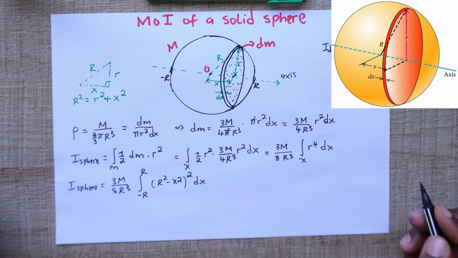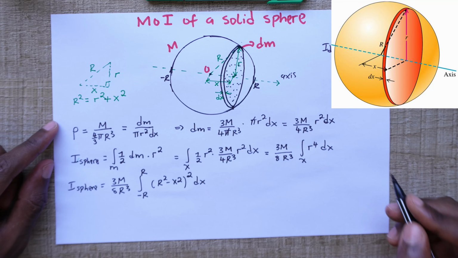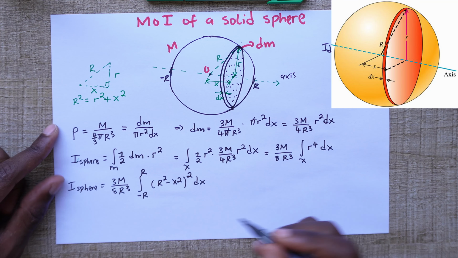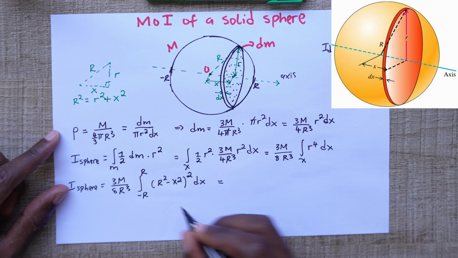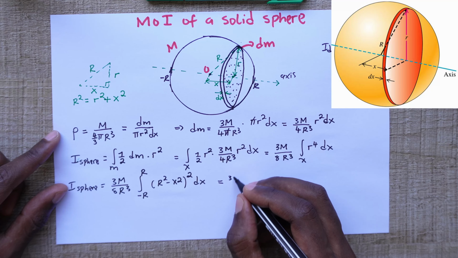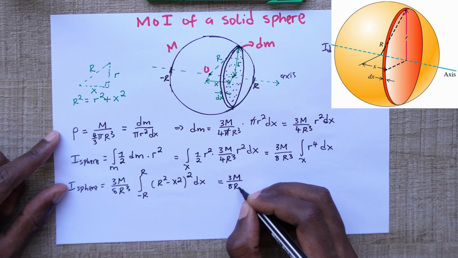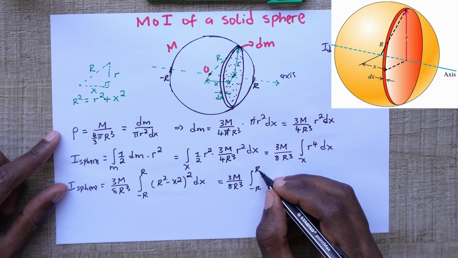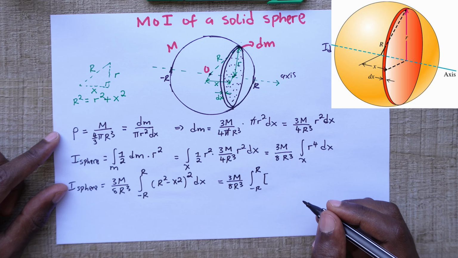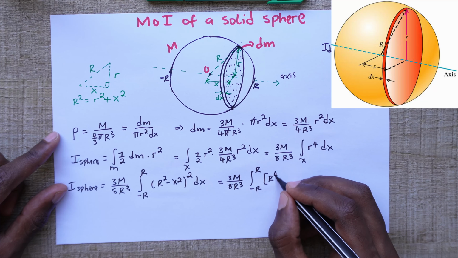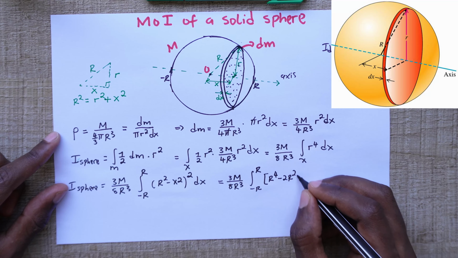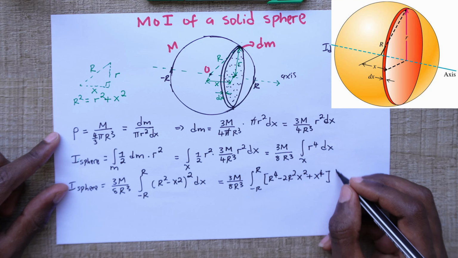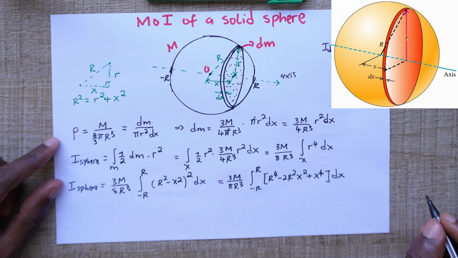Then we need to simplify this integral, and we are going to get the result. So we expand this, we are going to have 3m divided by 8R cubed times the integral from negative R to capital R of R to the power 4 minus 2R squared x squared plus x to the power 4. That's just the binomial expansion of this.